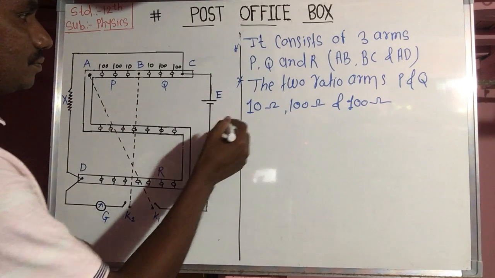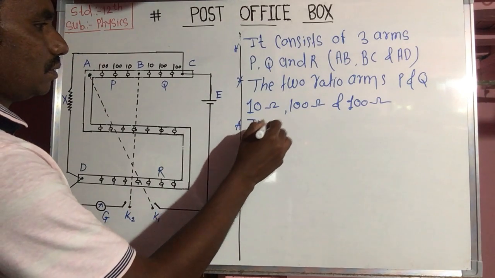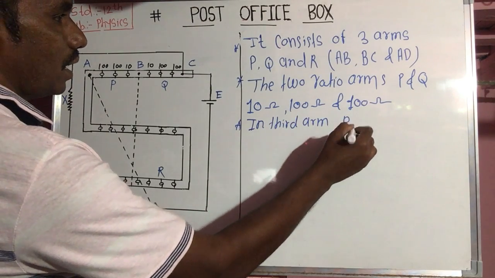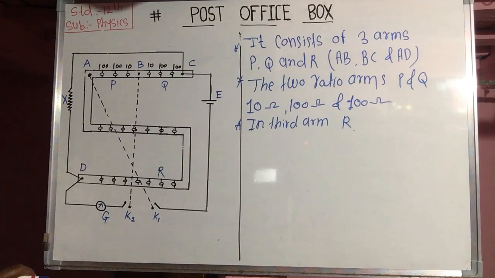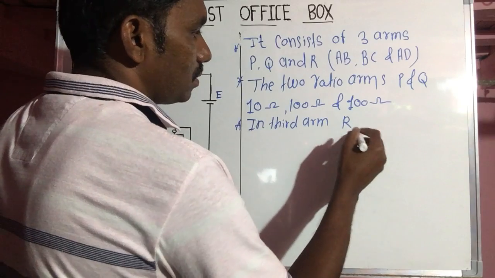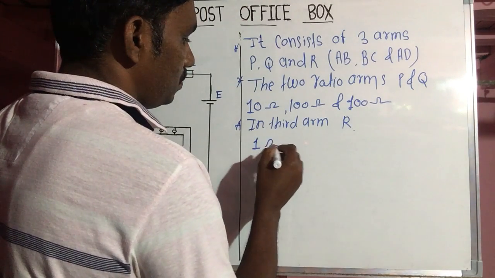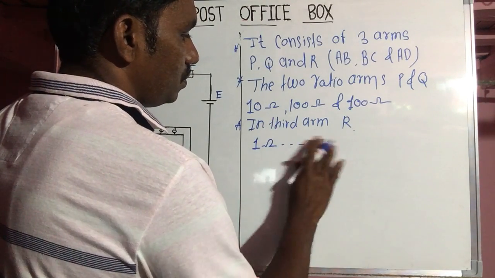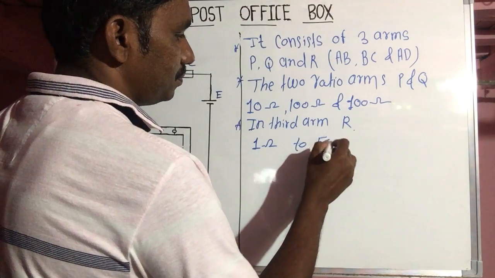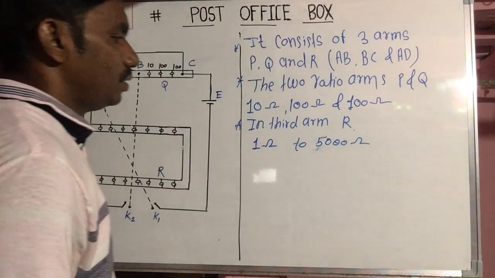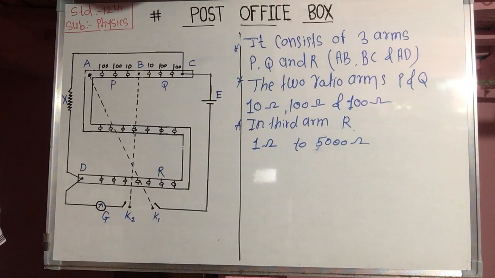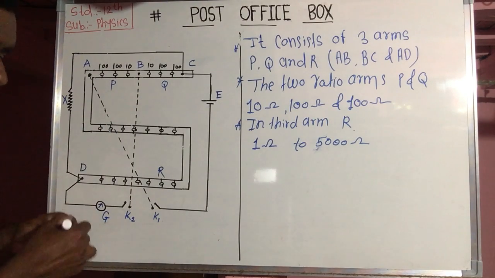Third arm: the third arm, which is R, that is AD, contains resistances from 1 ohm to 5000 ohm.